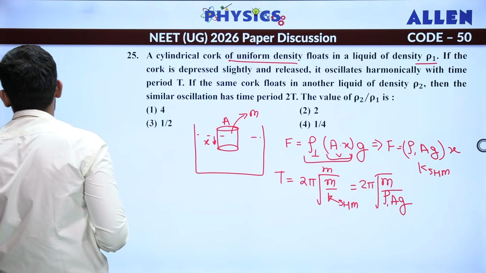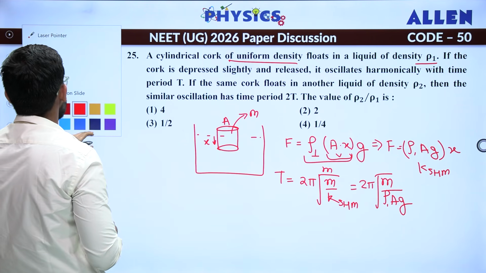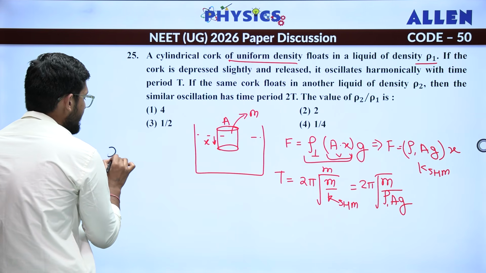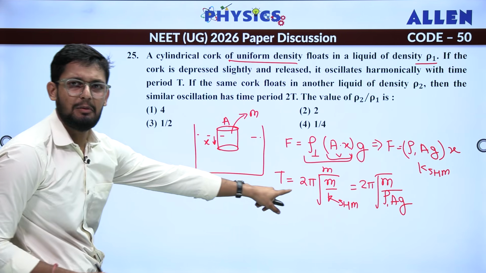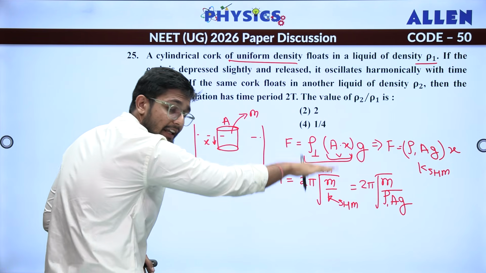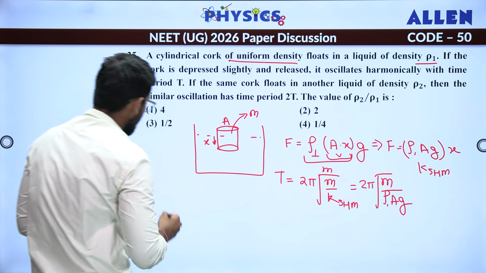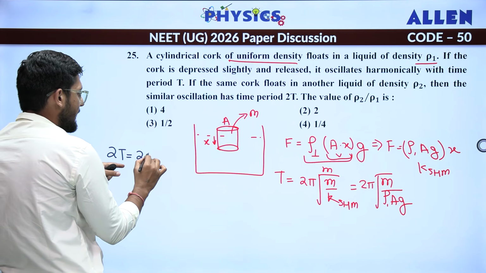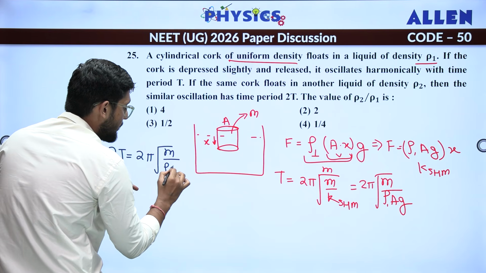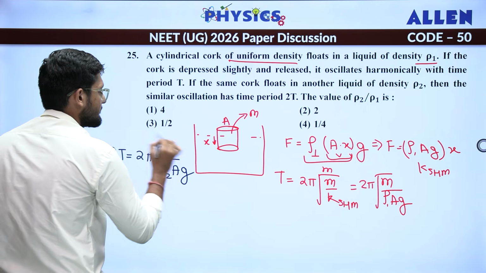Now in the second case, can I say that the value of time period is 2t, but the formula will be the same? Now they are changing the density, and if we displace it again by x, this will be the same. So can I directly write down the value 2 pi under root m by rho 2 AG?